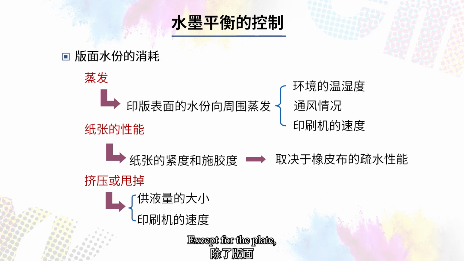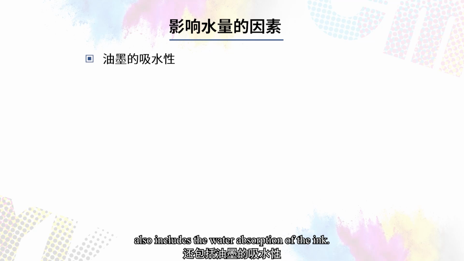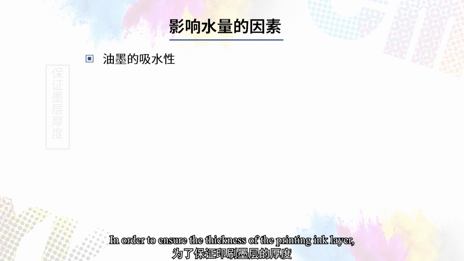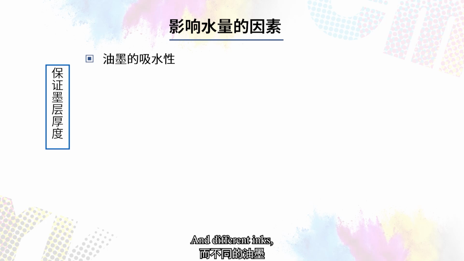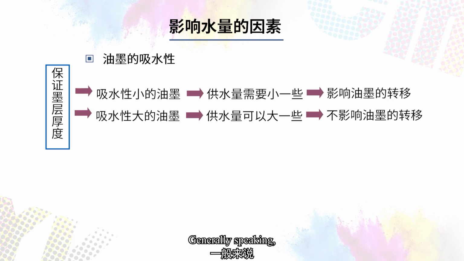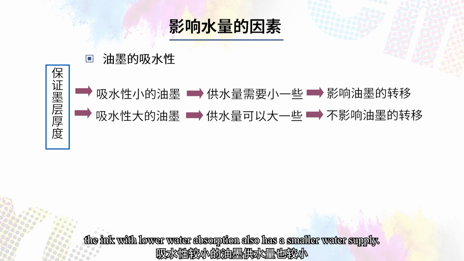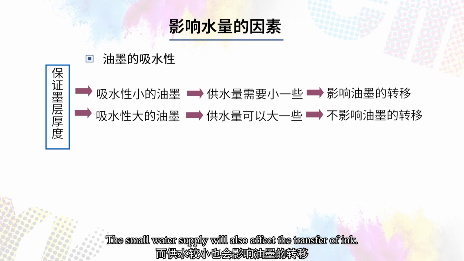Except for the plate, factors affecting water supply also include the water absorption of the ink. In order to ensure the thickness of the printing ink layer, we need to control the amount of ink applied during printing. And different inks have different water absorption. Generally speaking, the ink with lower water absorption also has a smaller water supply. The small water supply will also affect the transfer of ink.